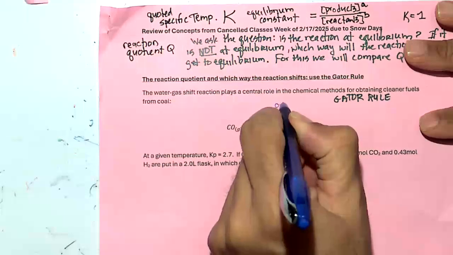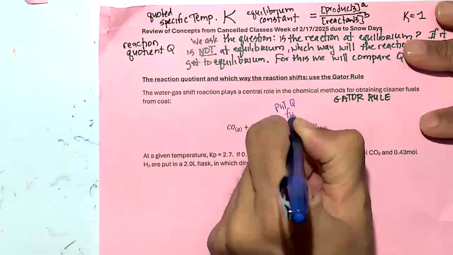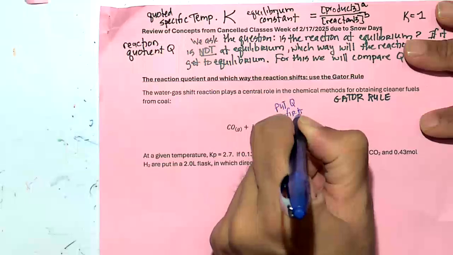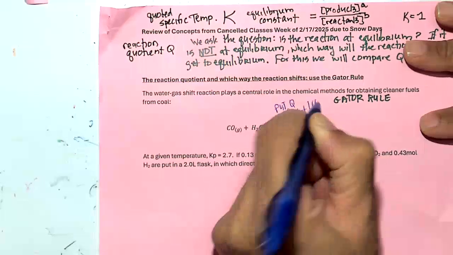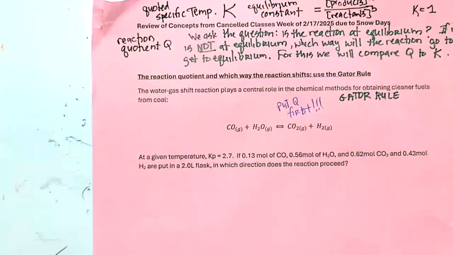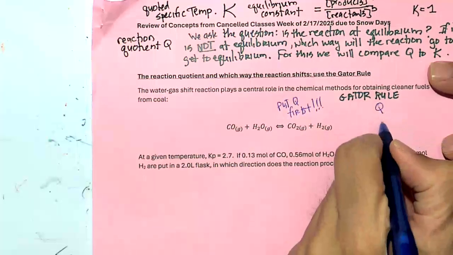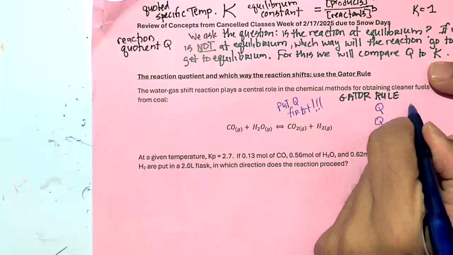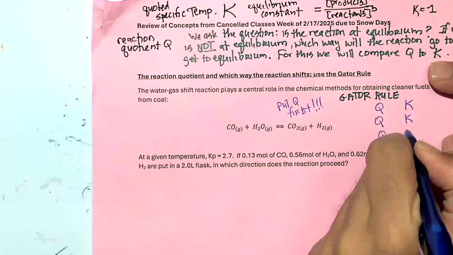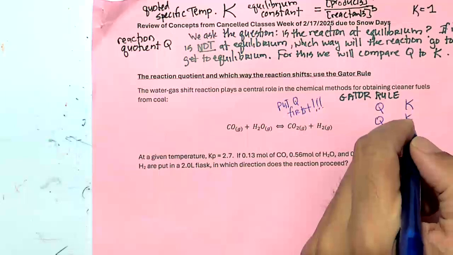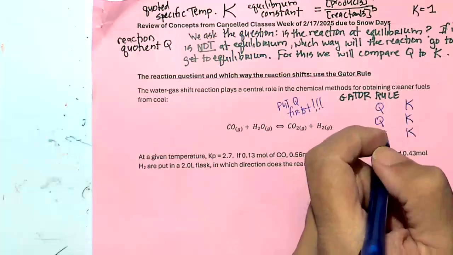So Q first, then equilibrium constant K.